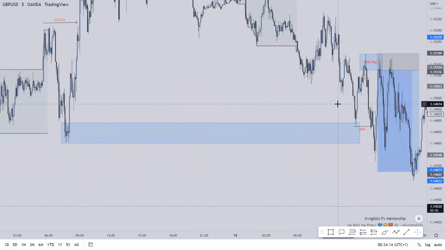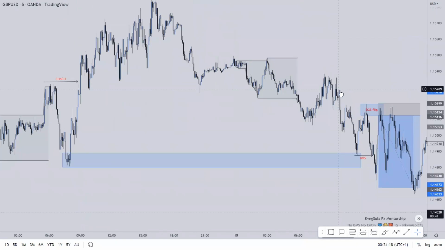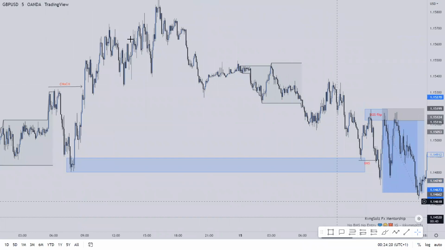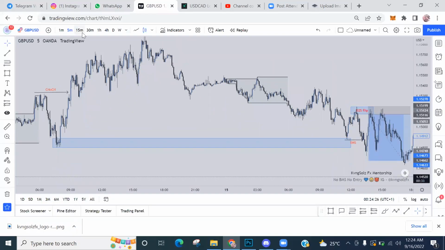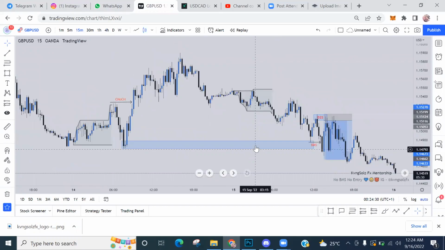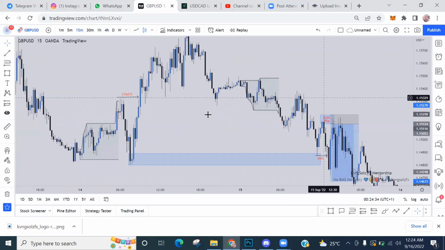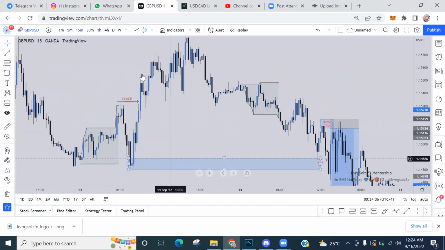So this is the live chart, a live example on how to trade a flip zone. I had my order block on the 15-minute time frame. First of all, price pushed to the upside, and also there is this liquidity from here to this point that needs to be taken out.